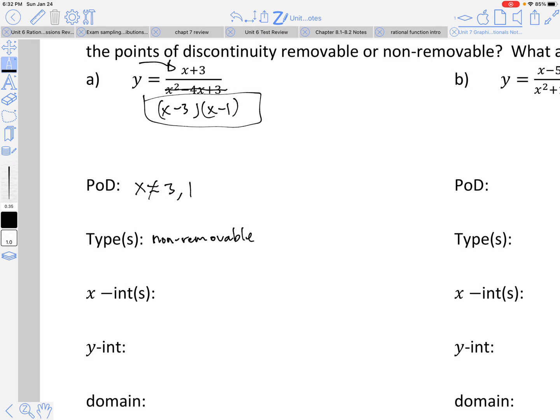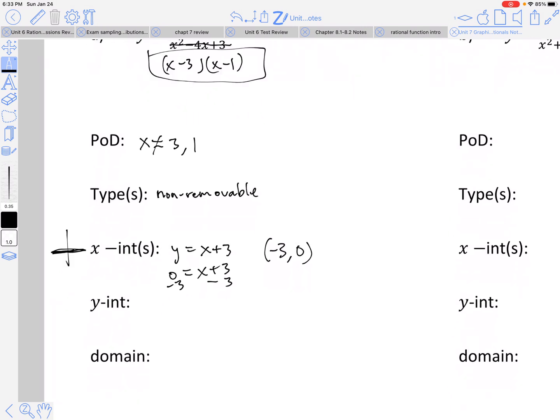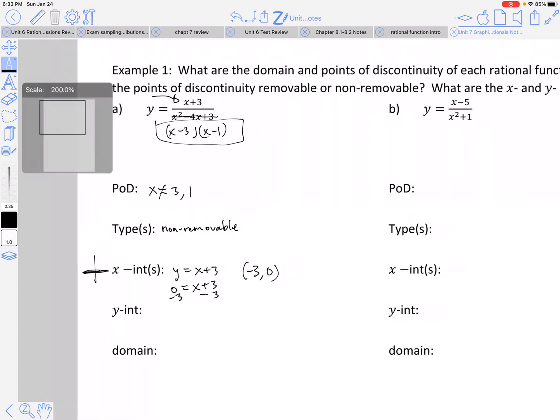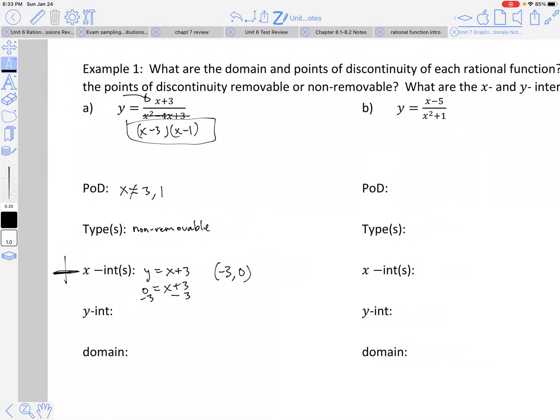So my x-intercept, if you remember, just going to focus on the numerator. And if you remember an x-intercept, it's whenever it hits the x-axis, so my y will be 0. So I'm going to take the numerator, set it equal to 0, so we have an x-intercept at, sorry, -3, and the y value is 0. Y-intercept, think about a y-intercept, oops, sorry.